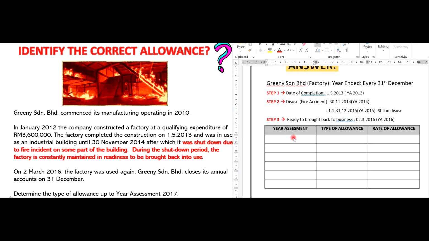So let's put out and identify all allowances by referring to each year of assessment. We start with year of assessment 2013.